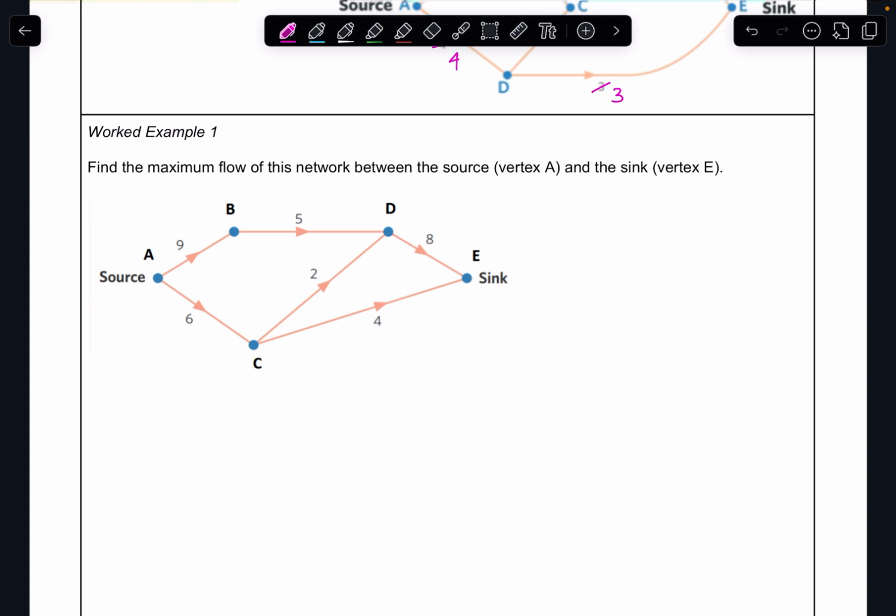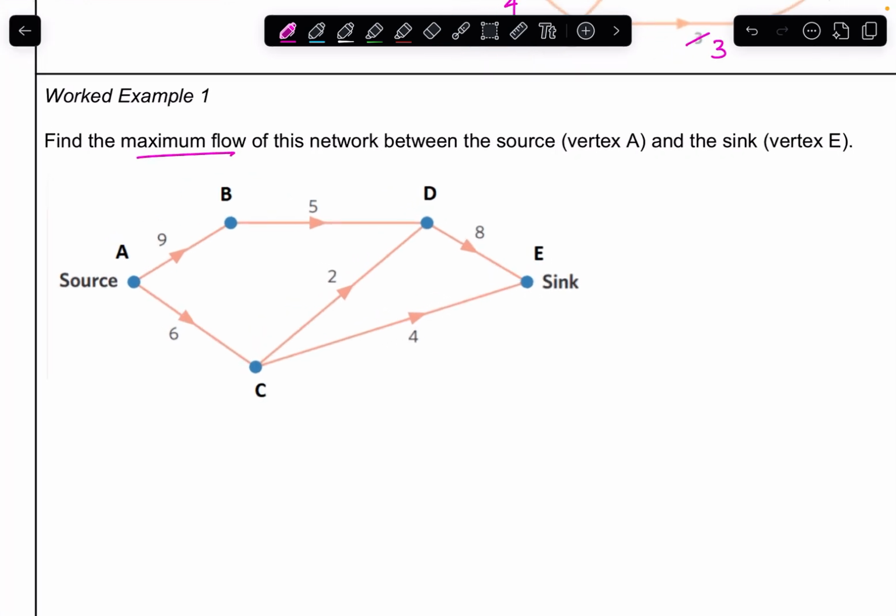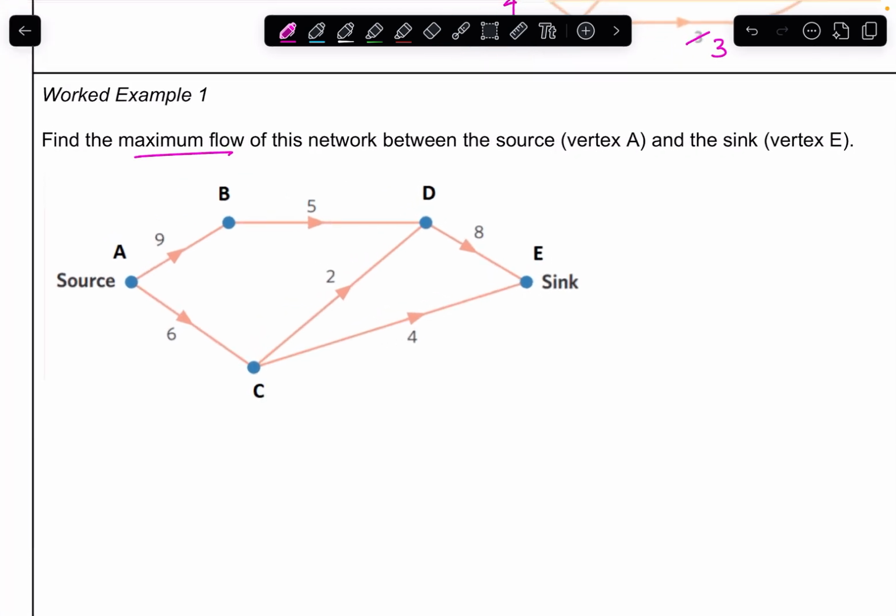Find the maximum flow of this network between the source A and the sink E. Let's do the same thing. As we're coming out of the source, A to B is 9, A to C is 6. If I've got 9 coming through, but I've only got 5 coming out, the maximum coming out of there can be 5.